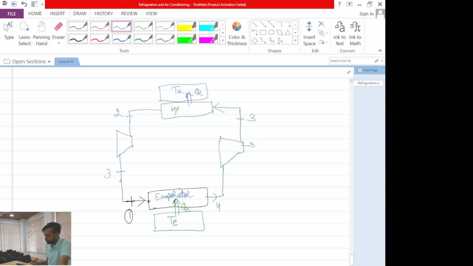This is the compressor, taking WC amount of work. This is the turbine, producing WT amount of work. And the heat exchanger where vapor is converting into liquid is called the condenser.